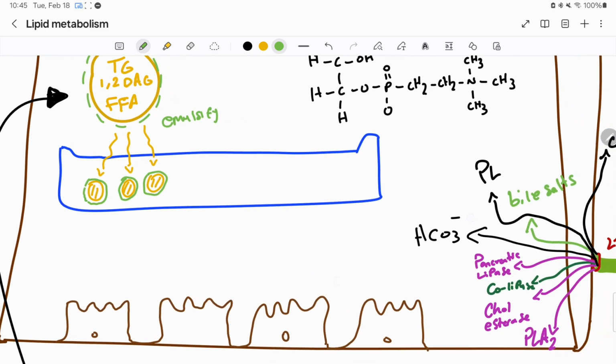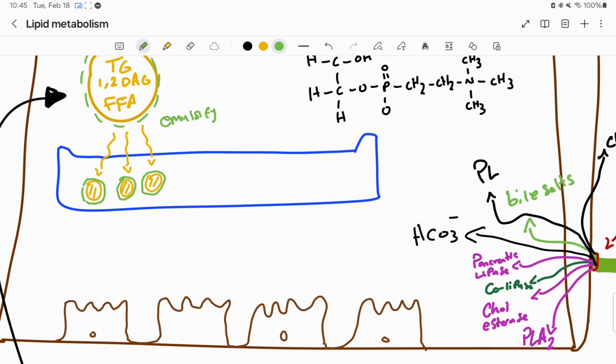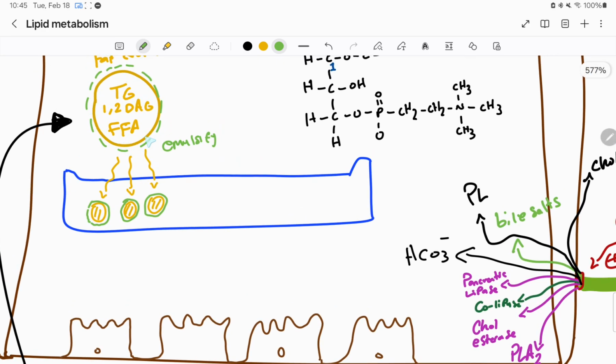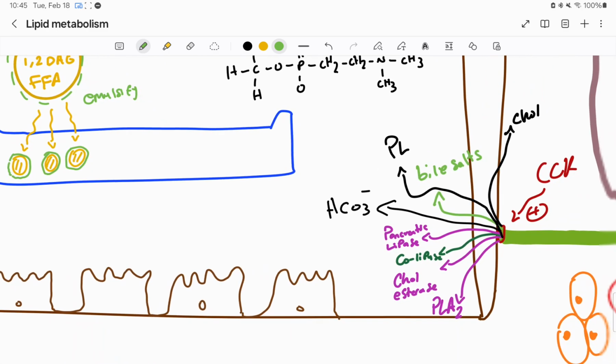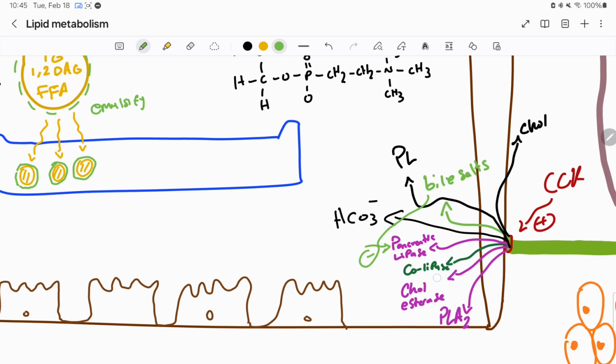Now, here's something about the bile salts, okay? It does help emulsify the actual big fat droplet into these smaller little droplets, okay? But there's another problem. The bile salt is actually inhibiting the pancreatic lipase. What do I mean by this?